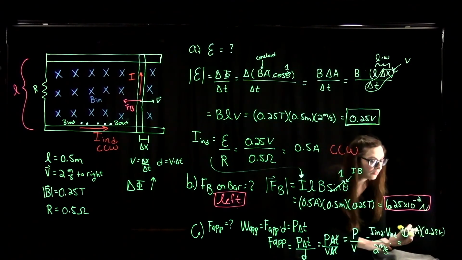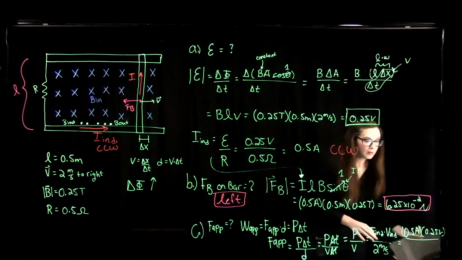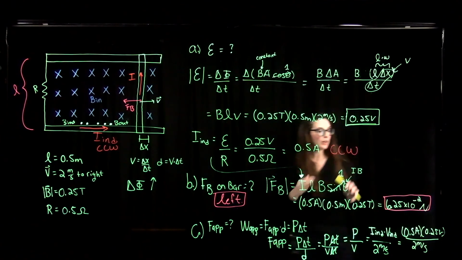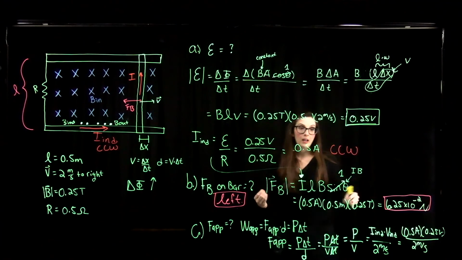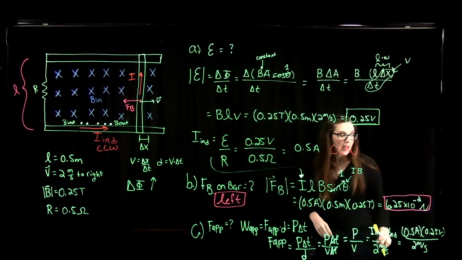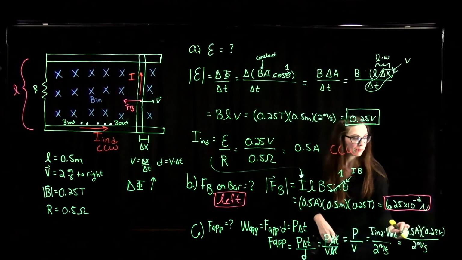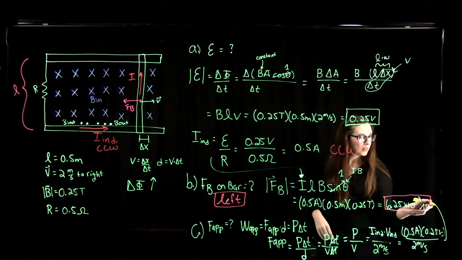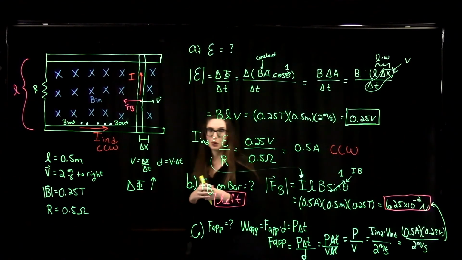Okay, and then we divide it by 2 meters per second. So 0.5 times 0.25 divided by 2 gives me my applied force. And this applied force is going to equal, oh, I've run out of room. But that's okay because this applied force also equals 6.25 times 10 to the minus 2 newtons.